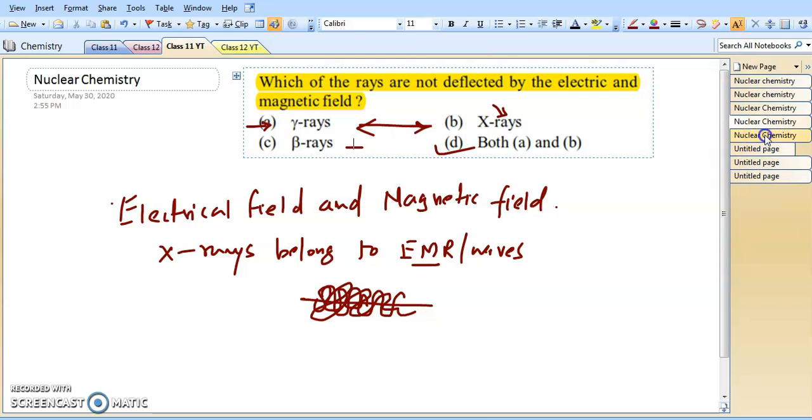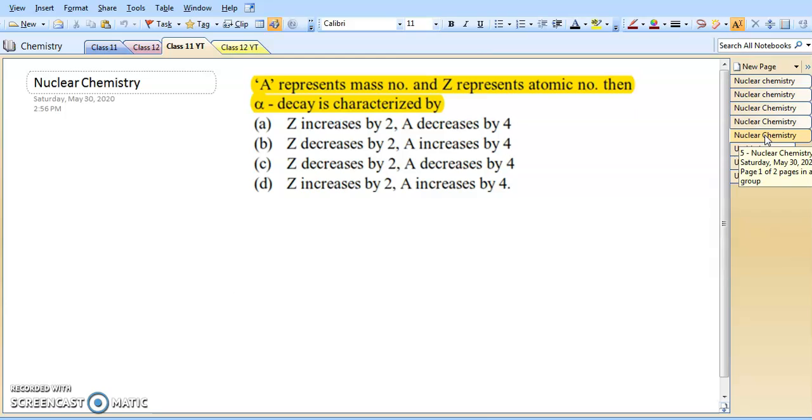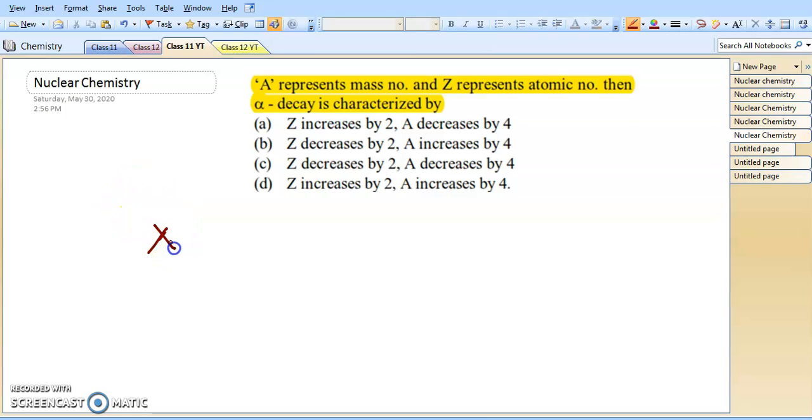Now the next question. A represents the mass number and Z represents the atomic number. Then alpha decay is characterized by... Now it is very easy to answer. If X is an element which has atomic number Z and atomic mass A, and it undergoes alpha decay, then what happens?